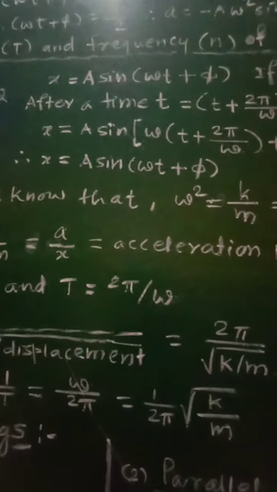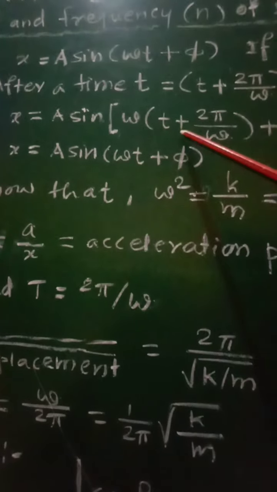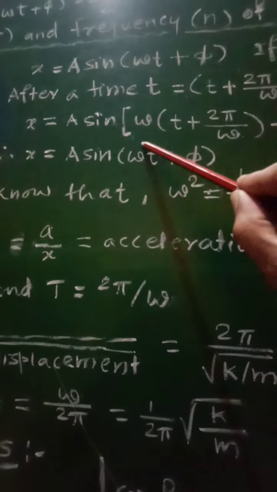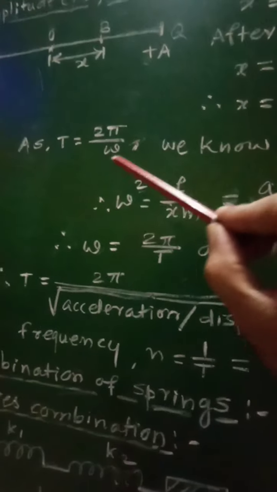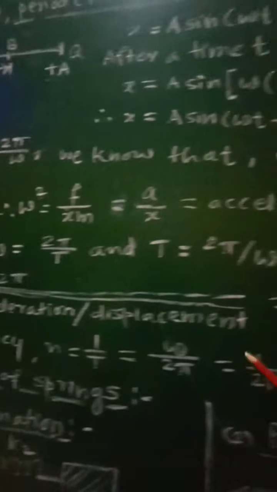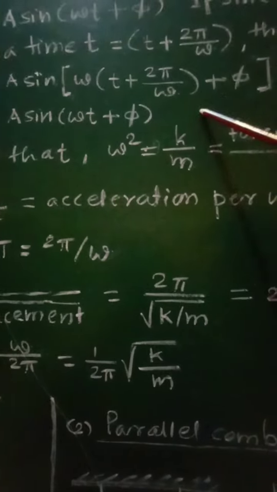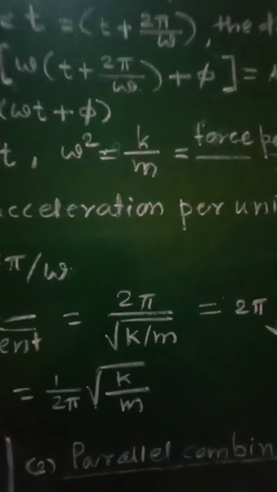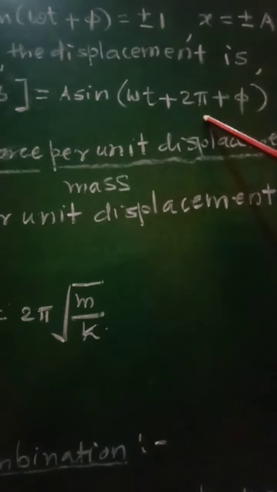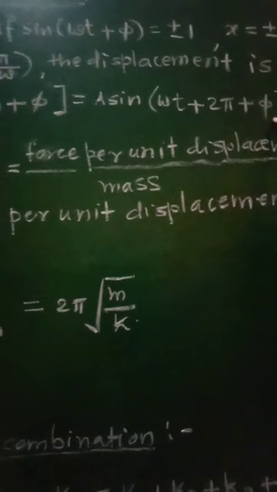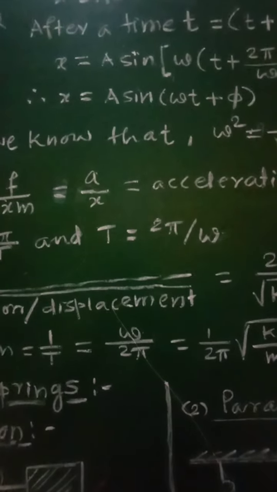Now after a time t, we will get x is equal to a sin[omega into (t plus 2 pi by omega) plus phi], where we have considered t is equal to 2 pi by omega. So that will be equal to a sin(omega t plus 2 pi plus phi), and therefore we will get x is equal to a sin(omega t plus phi).